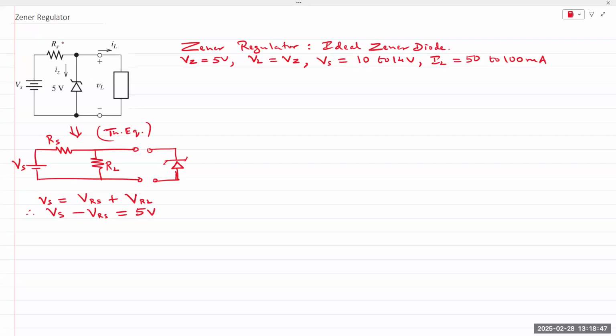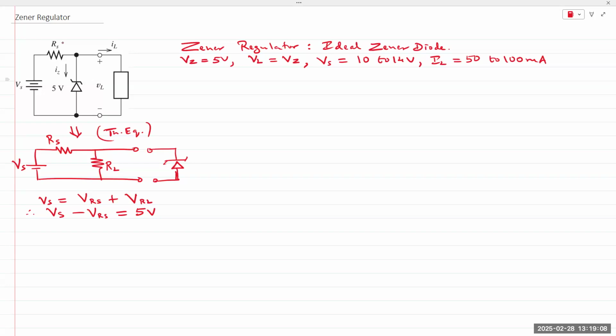That's given to us. Zener diode 5 volts, VRL 5 volts. So the output voltage must remain 5 volts, no matter what happens to the input. Now, we need to ensure that the RS value will provide for an output voltage of 5 volts.